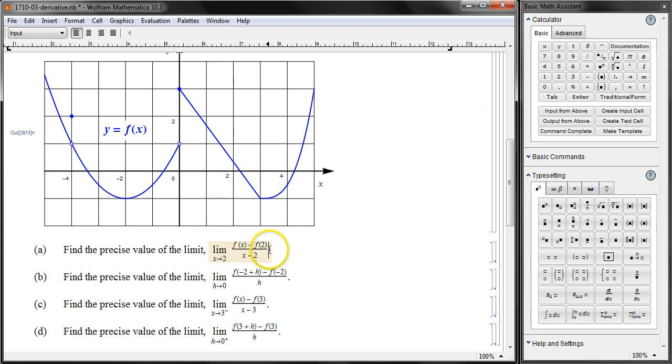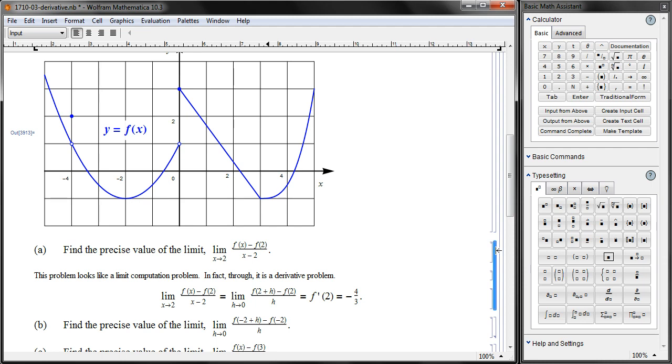So this is a derivative evaluated x equal to 2 right here, and that slope is, well, it's inside this line segment, so all you need to do is to find out the slope of this line segment. It's negative 4/3. Getting this line segment, that's not too bad. Understanding this expression is the hard part. It's a slope. Whether it is written in terms of average rate of change with the limit or Newton quotient with the limit, it's a slope.